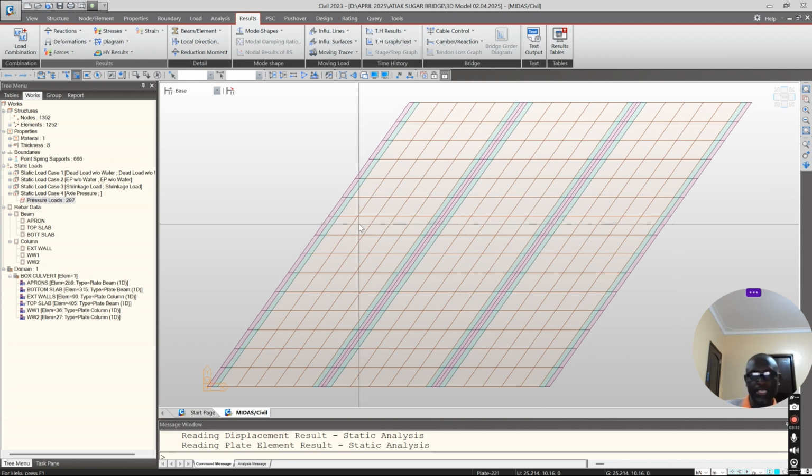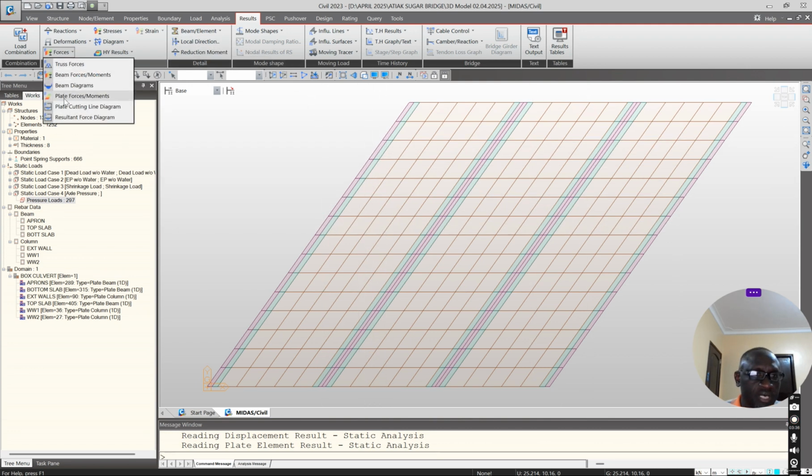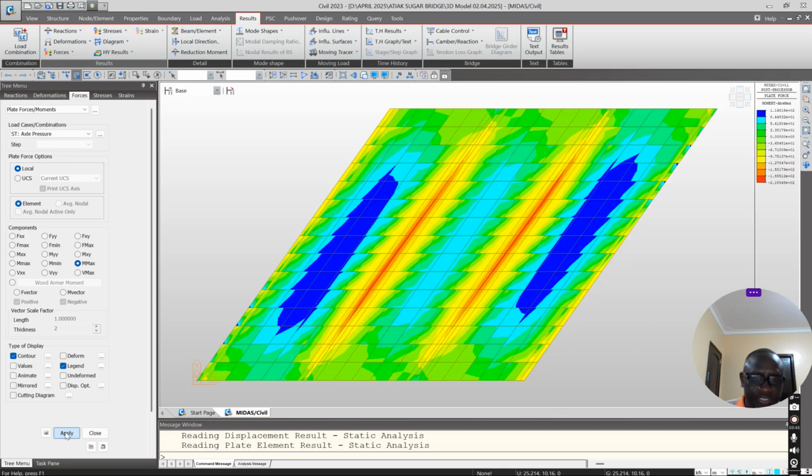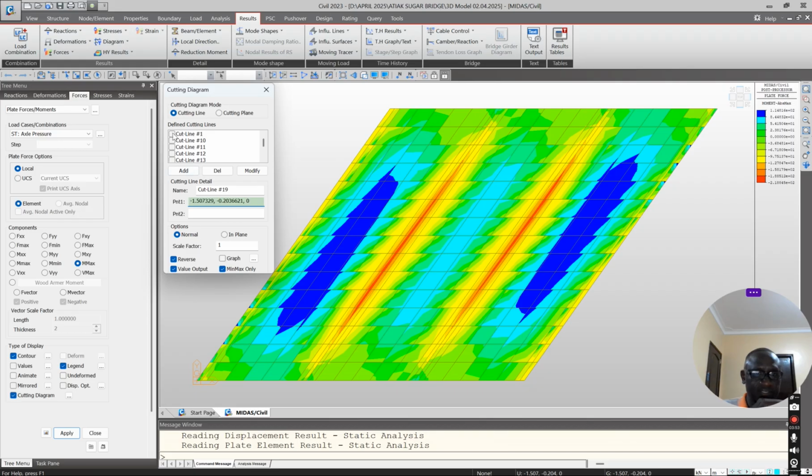So basically that. So I'm looking at the moment. So how are the moment distribution in relation to what we looked at earlier? So basically this is how, because of these beams, you see these are hogging areas. So if I can quickly look at a bit of a cut, if it is there.